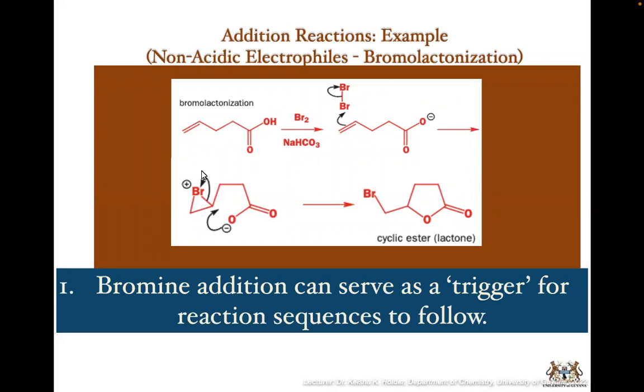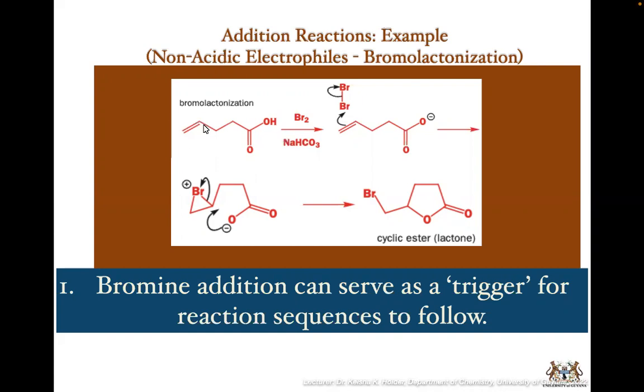And having our highly electrophilic bromonium species, we are now in a position where cyclization could occur by way of intramolecular SN2.